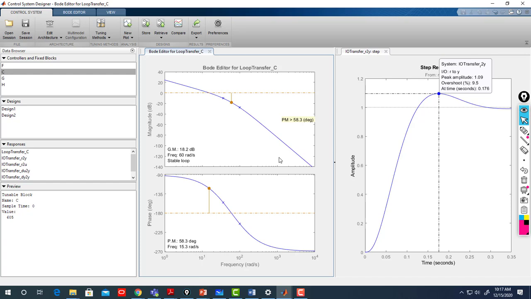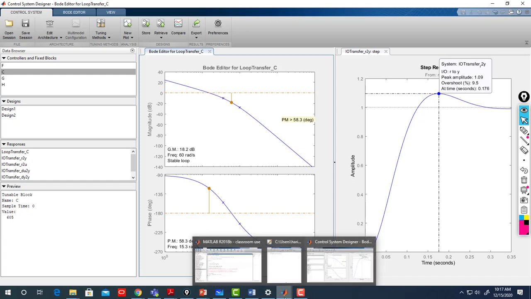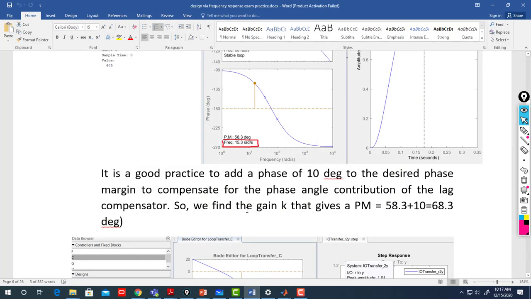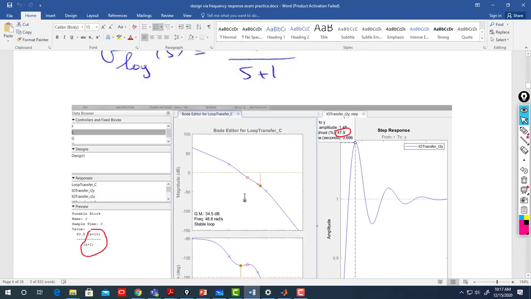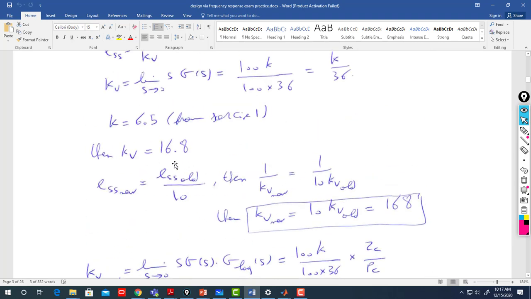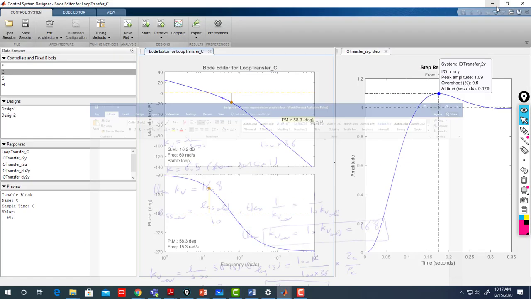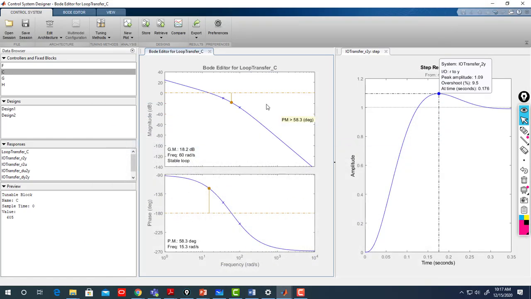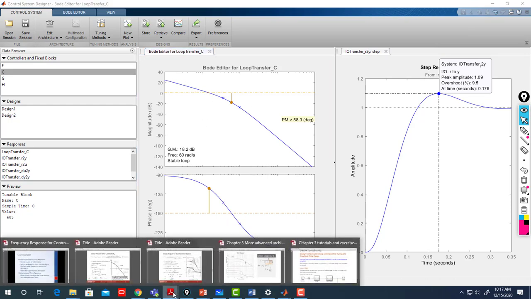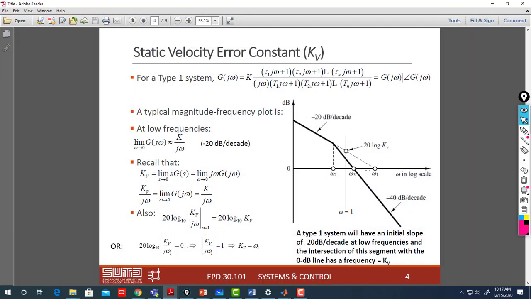And phase margin, also I have a constraint on kV, which is tenfold the old kV. Remember when we did the calculation, the new kV is 168. And remember, it's a type 1 system. So kV 168 will cross at a frequency equal to kV at 0 decibel.